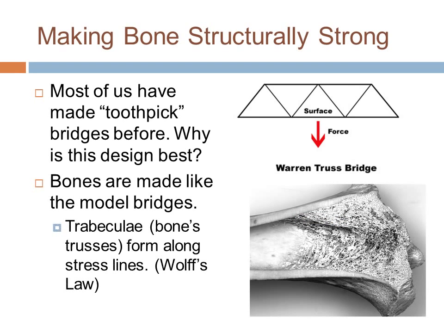These little structures are called trabeculae. That's the bone's trusses. Now there's a law of anatomy here that says that wherever bone is going to be stressed, this is where you're going to develop these big truss lines and also a thickening of the bone. This is what physiologists call Wolff's Law. Wolff's Law simply says that wherever there is stress applied to the bone, it will respond by either making the bone thicker or applying these trusses.